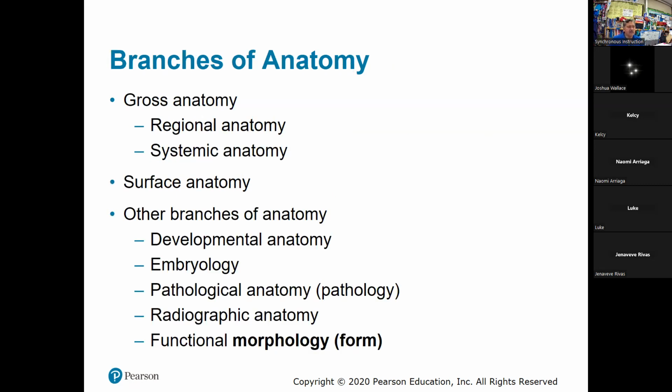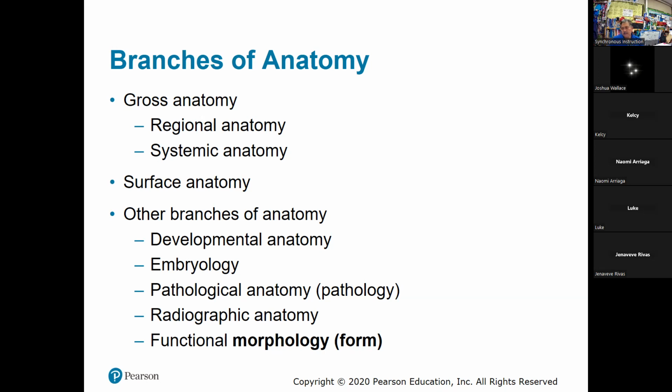Now, in an anatomy class, there are all kinds of different branches of anatomy. There's gross anatomy, where we're just learning the parts. But if you take a look at the third bullet, it says other branches of anatomy. The branch of biology called developmental biology has an emphasis on anatomy, and also embryology is very closely related to developmental anatomy.